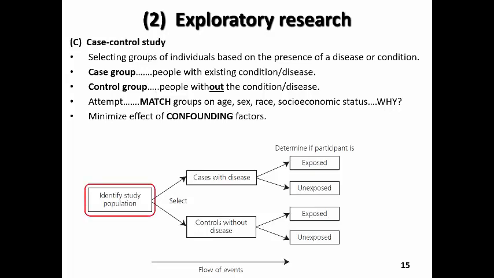And a few different contrasts between the case control study here and the cohort study addressed on slides 13 and 14. The first thing is that the case control study begins by focusing on a particular population of interest.